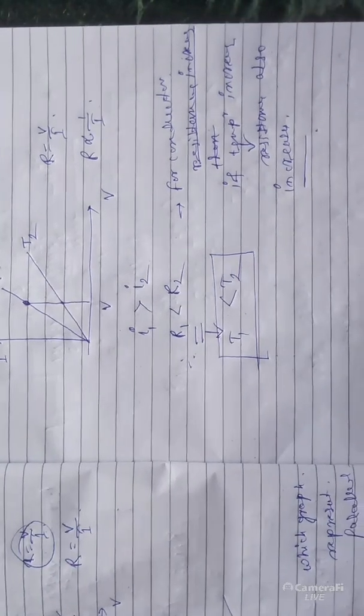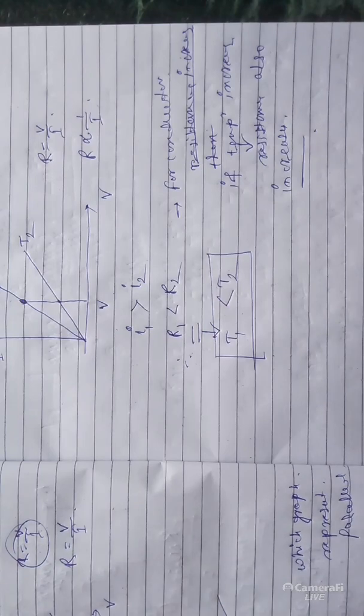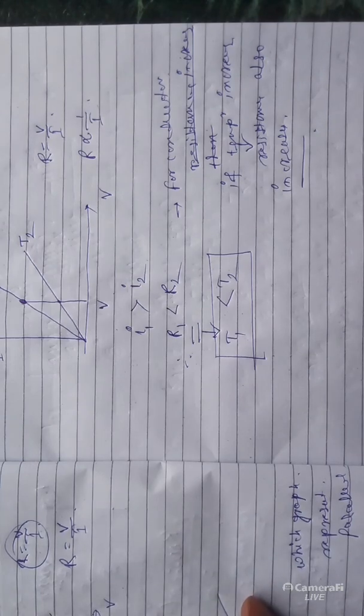Clear? So this is a very important numerical. The question may be from the topic of resistivity also. Resistance and resistivity are proportional, so a similar expression will be there. Clear? Okay.